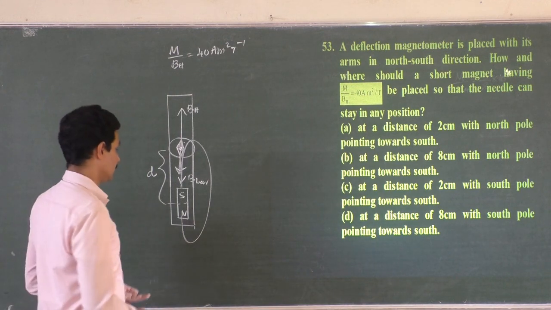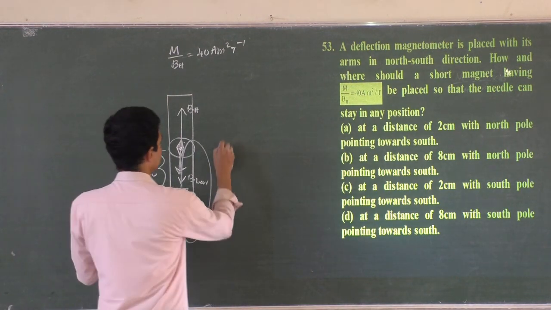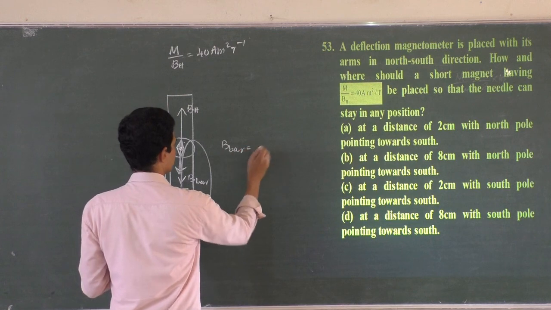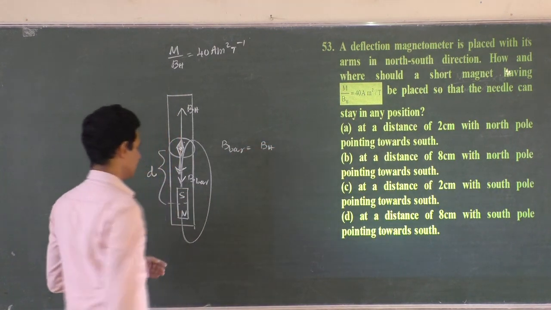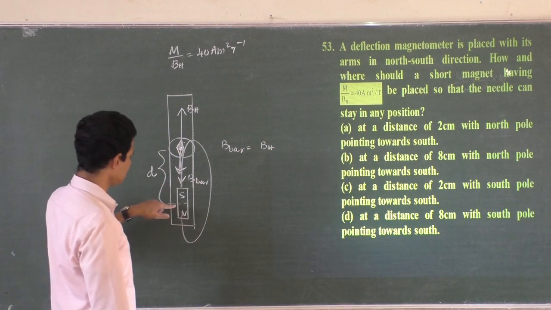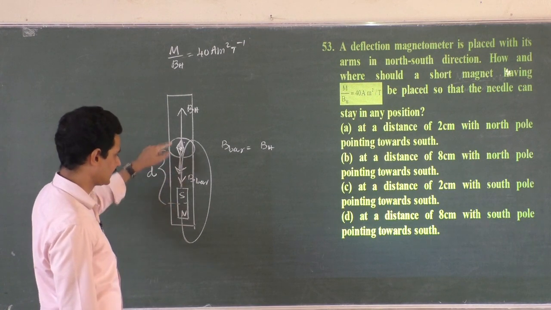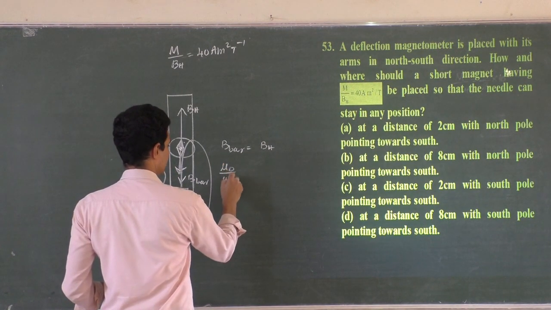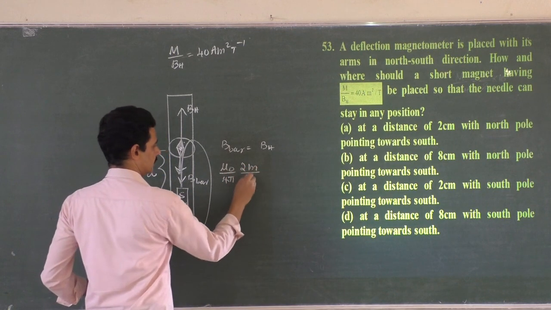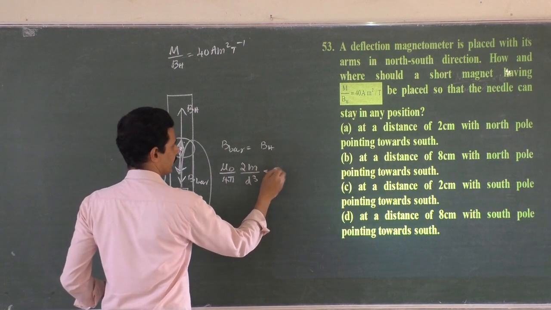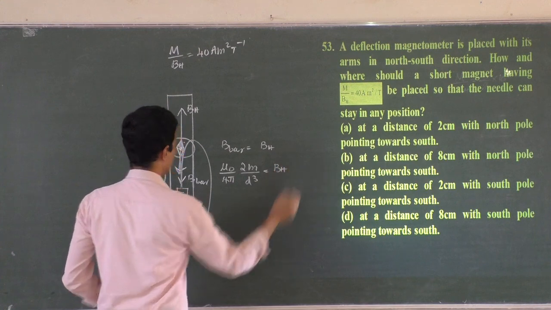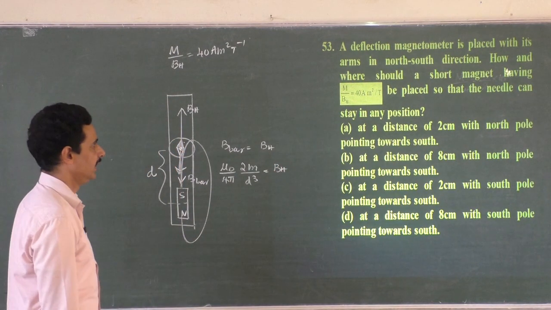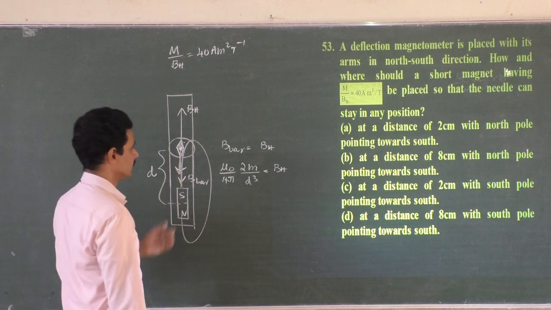So if it is so, then B due to the bar magnet must be equal to B due to Earth's magnetic field. B due to the bar magnet is on the axial line, right? So that means mu naught by 4 pi 2m by d cube must be equal to the horizontal component of Earth's magnetic field, and m by BH is given, so let us use it.